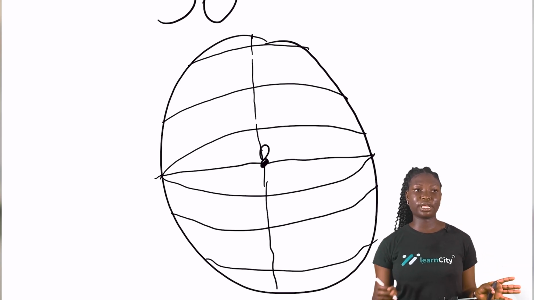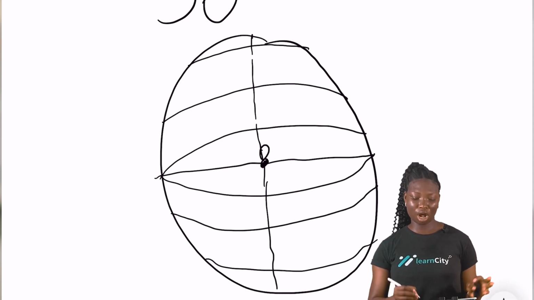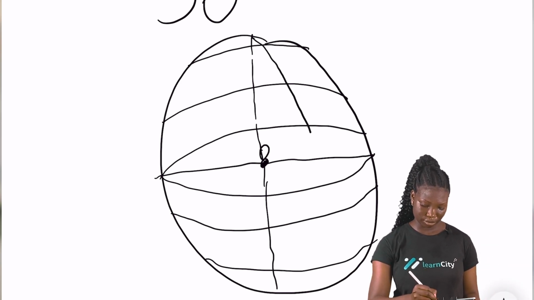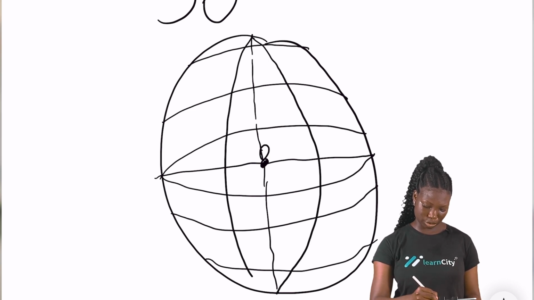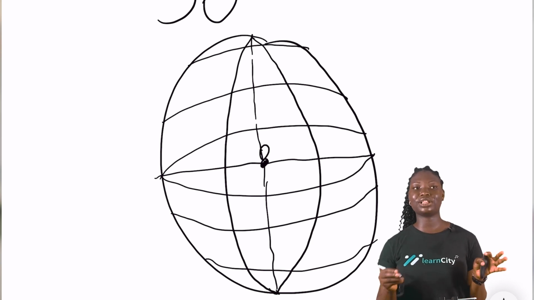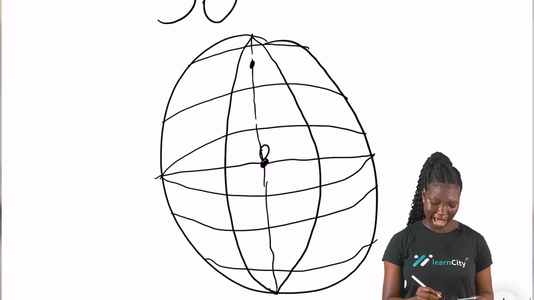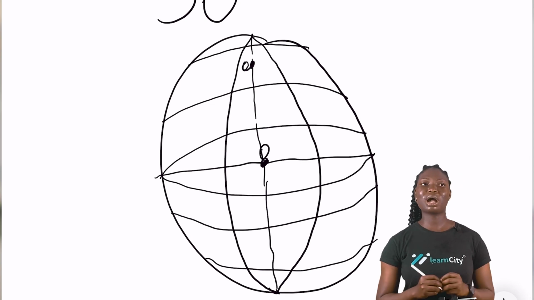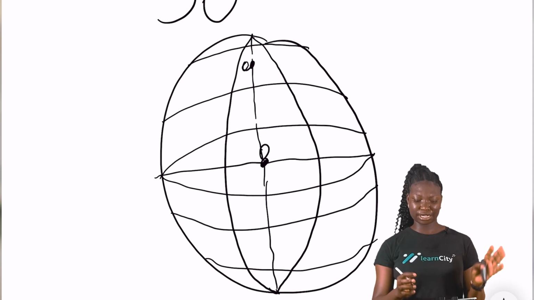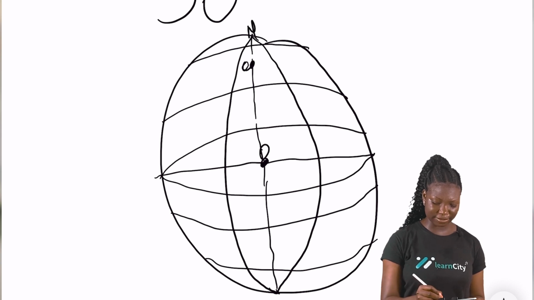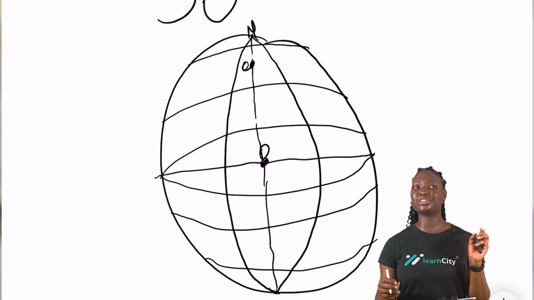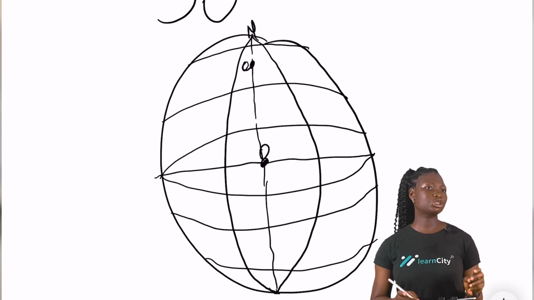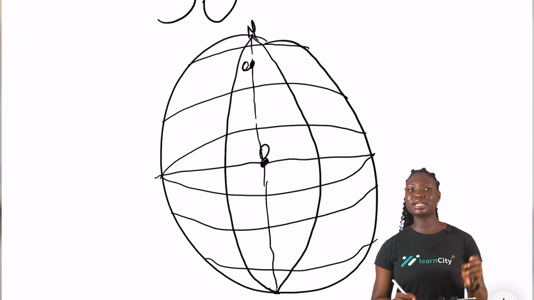So we have something like this, and we draw our lines of latitude. Here at point C, we have 56 degrees north. To point B, we have 23 degrees east.